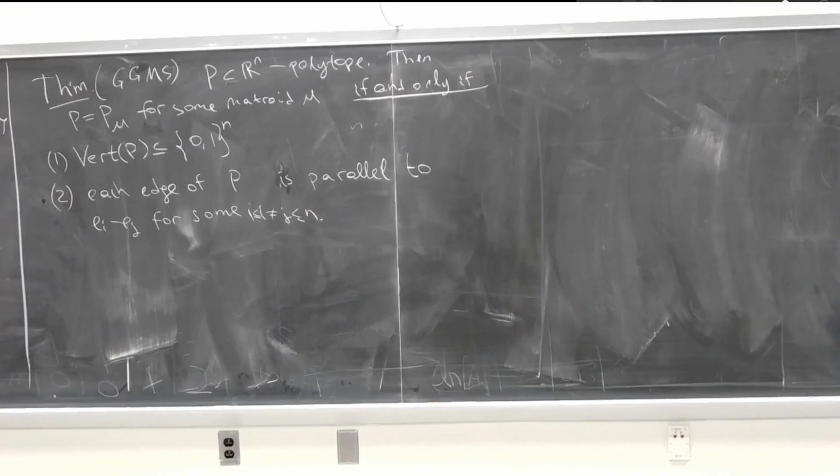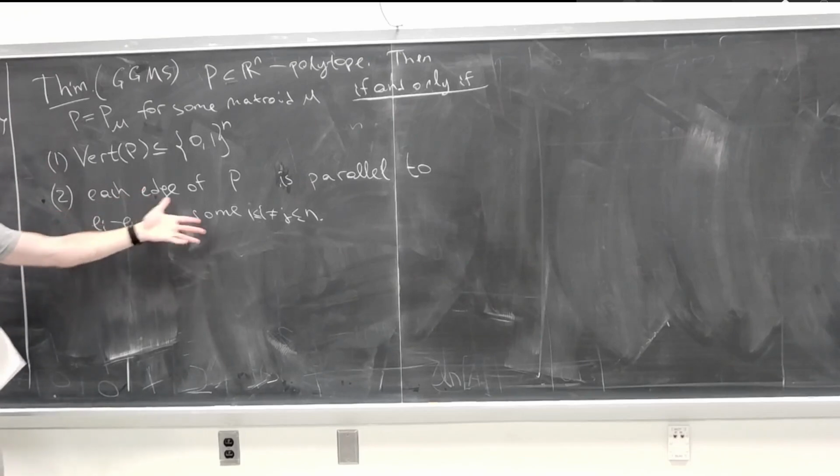For the exchange axiom, what's the naive algorithm if I give you a polytope like this? You read off all the vertices, look at their coordinates, these are bases, and then for every two bases you have to check the exchange axiom. That's way too much work. Here, on the other hand, you only need to look at the edges, and then you're done, basically.